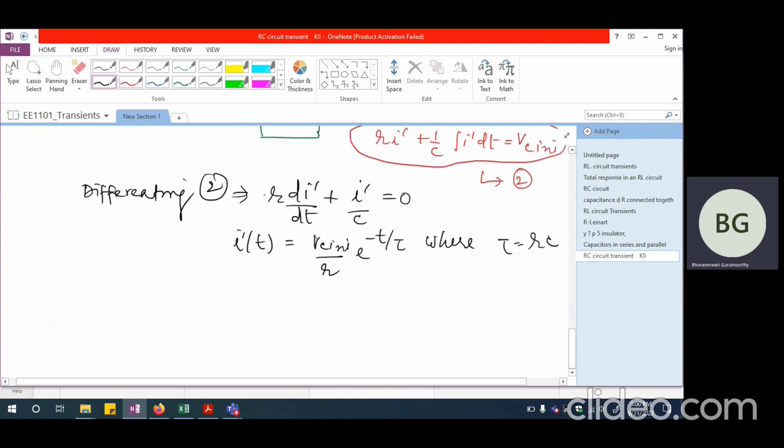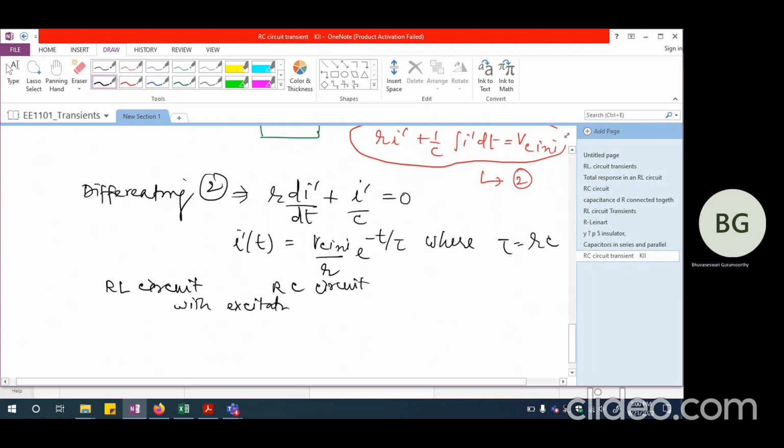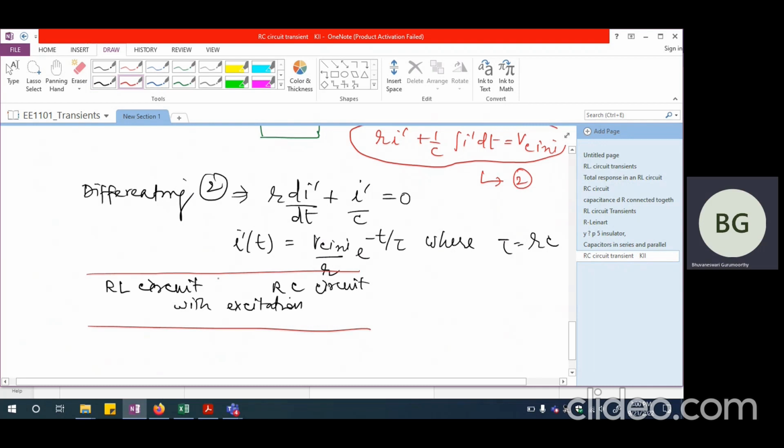Okay. So to compare RL circuit and RC circuit with excitation, I'm trying to compare the two with excitation. Okay.